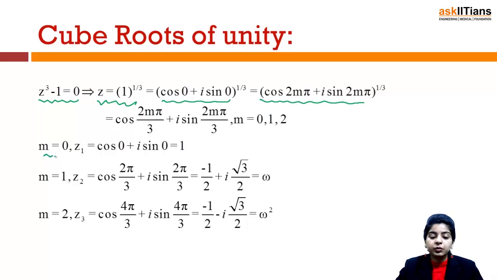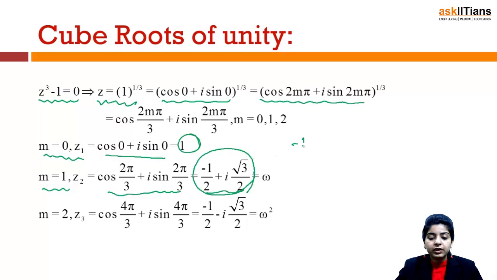Then just put the values of m. For m equal to 0, we'll get z1 as cos 0 plus iota sine 0, that becomes 1. Then for m equal to 1, you will get the second root as cos 2 pi by 3 plus iota sine 2 pi by 3. That becomes minus 1 by 2 plus root 3 i by 2. So just remember this value, minus 1 plus root 3 i by 2.